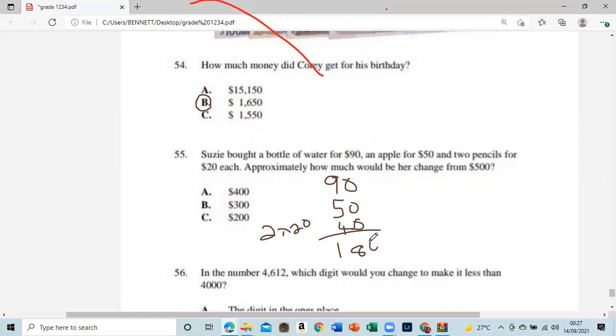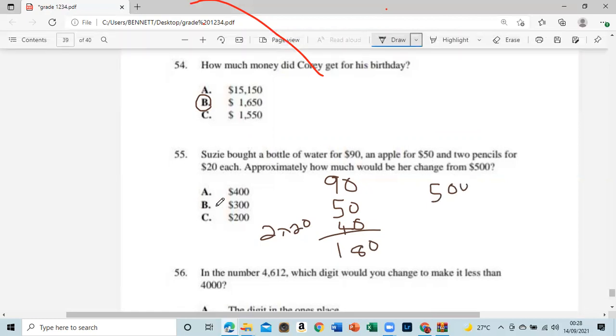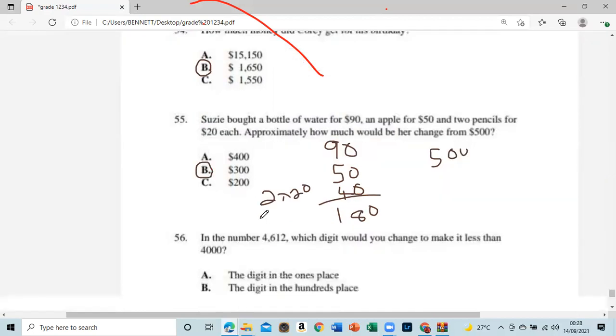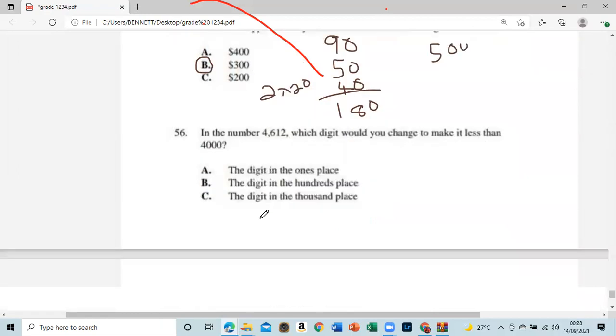All right, and she had $500. So basically, she spent nearly $200. So the answer would be B. All right, it's approximate. It's not equal exactly.